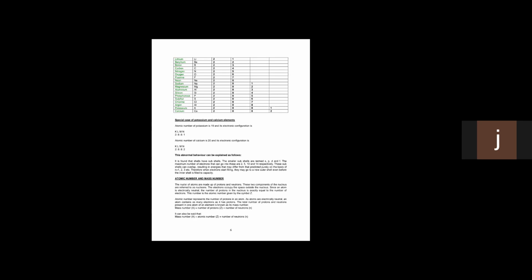Then, let's move on. The mass number and atomic number can be written along with the chemical symbol of an element. For example, let's take hydrogen.